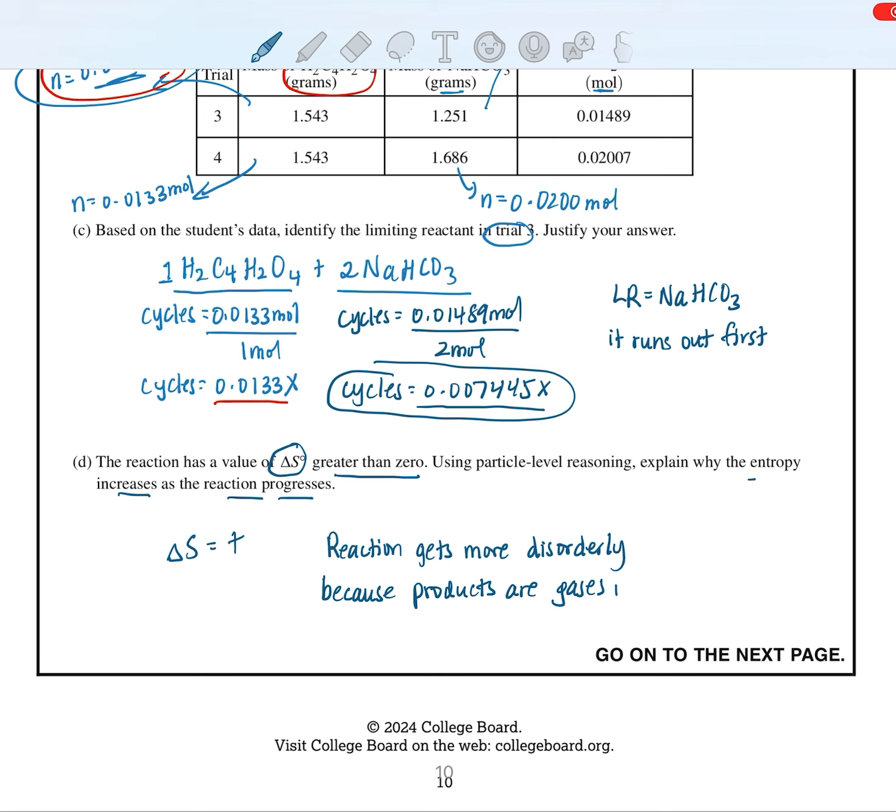Products are gases, which are disorderly, and we have created more products than reactants. Okay, so let's pause it there and we'll continue question 2 on the next video.